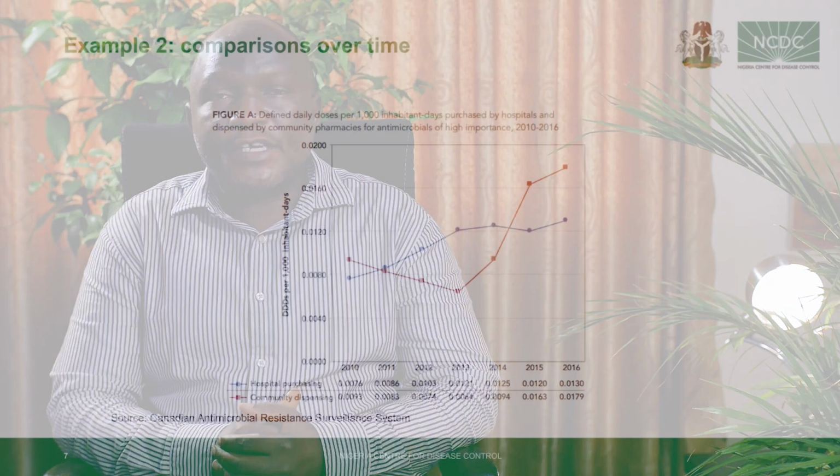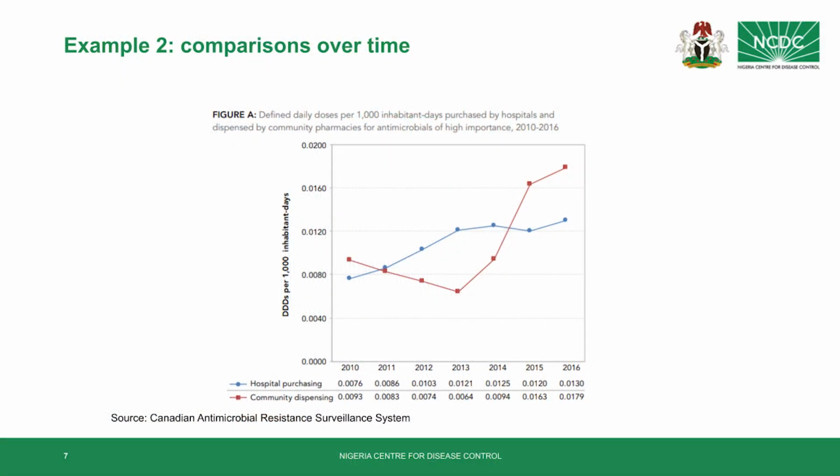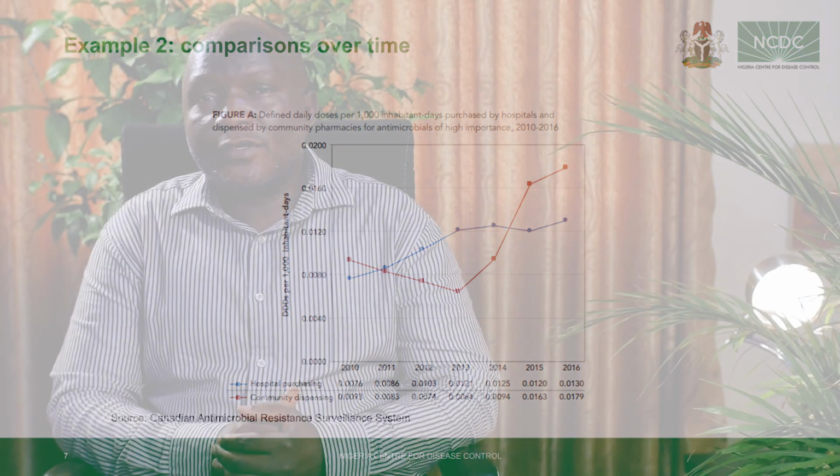So you can represent such comparisons over time, and as you can see in the graph, it shows how antimicrobial use has been compared over time.